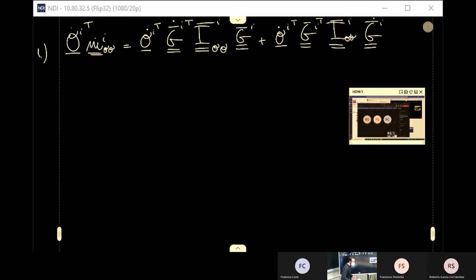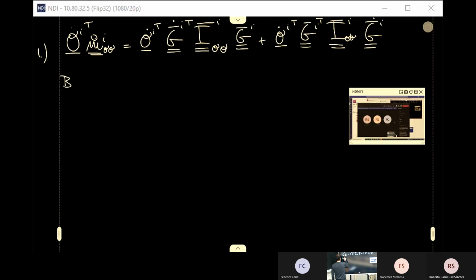Why did I do that? I distributed the derivation with respect to time over the first G and then the second G, because the inertia tensor is constant, since no deformation is occurring.